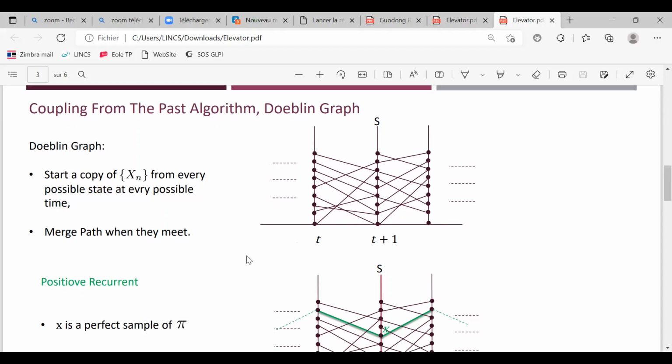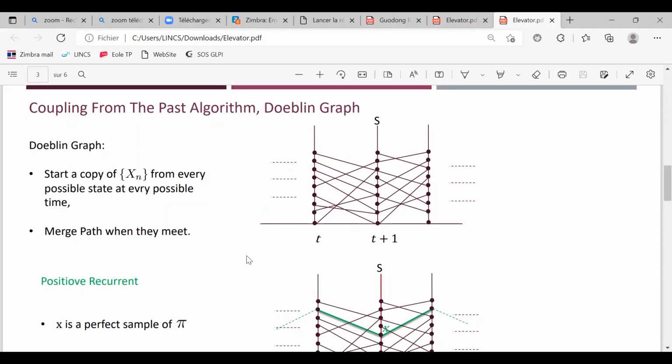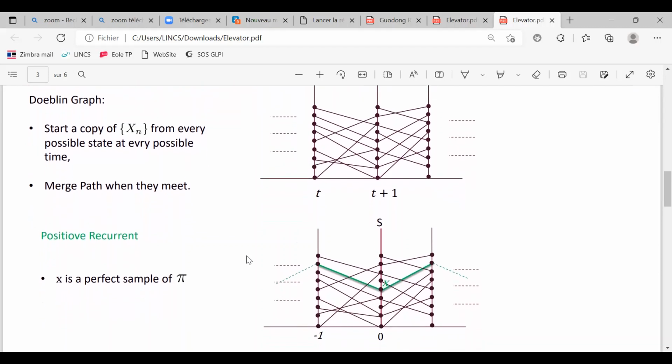Constructing this random graph doesn't depend on whether the Markov chain is positive or null. But in the positive recurrent case, it has an interesting property: if we look at this random graph, it has one unique bi-infinite path, this green one.